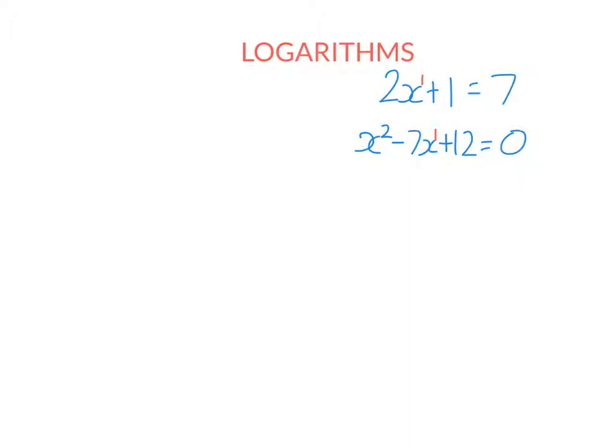But what we're going to look at today, what logarithms are actually used for, are exponential equations. Exponential refers to the word exponent, which you've come across before. Exponent is another name for index or power.